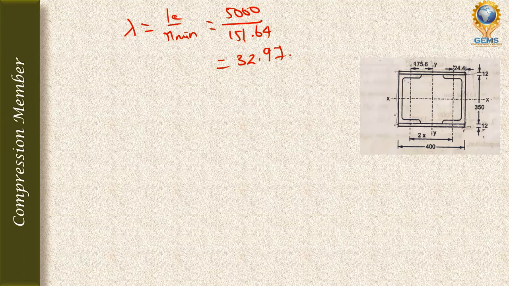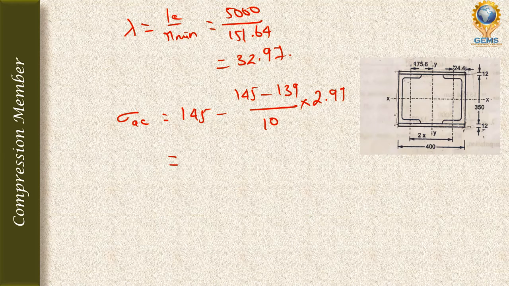From this we can get the sigma AC. Sigma AC is 145 minus the interpolation of the lambda value to the sigma. So 145 minus 139 by 10 into 2.97. So sigma AC is equal to 143.218 megapascal.